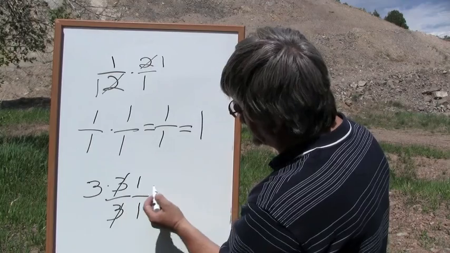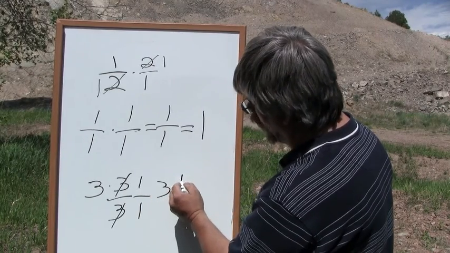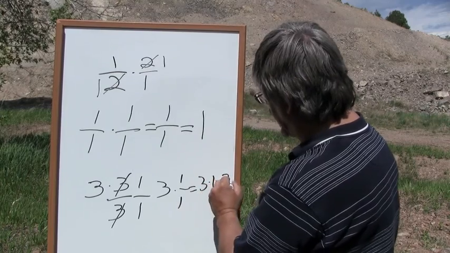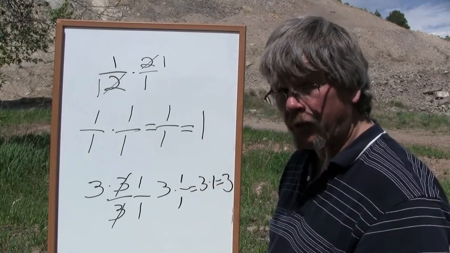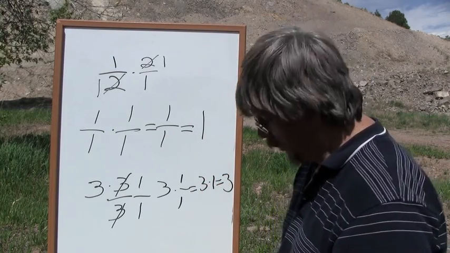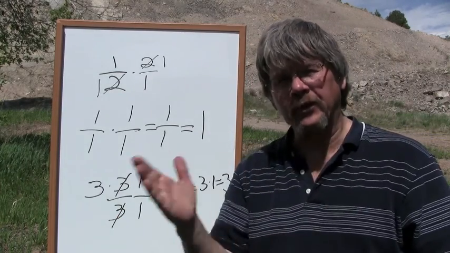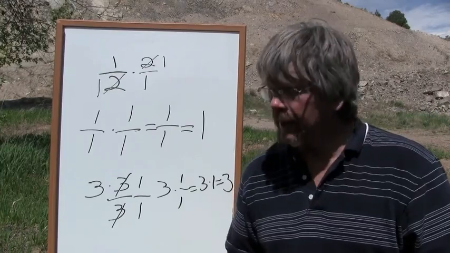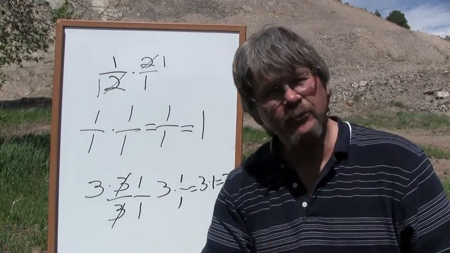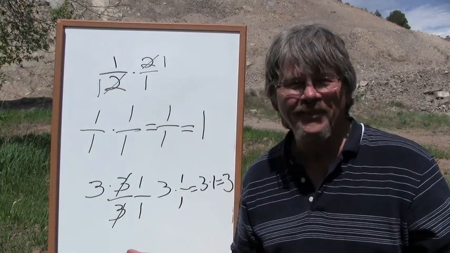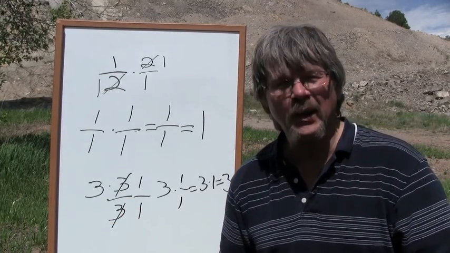And 3 times 1 over 1, which is 3 times 1, is simply the number 3. So that's why division and multiplication are opposite operations, exactly like addition and subtraction are opposite operations. It's that simple. And that's how we isolate the variable.